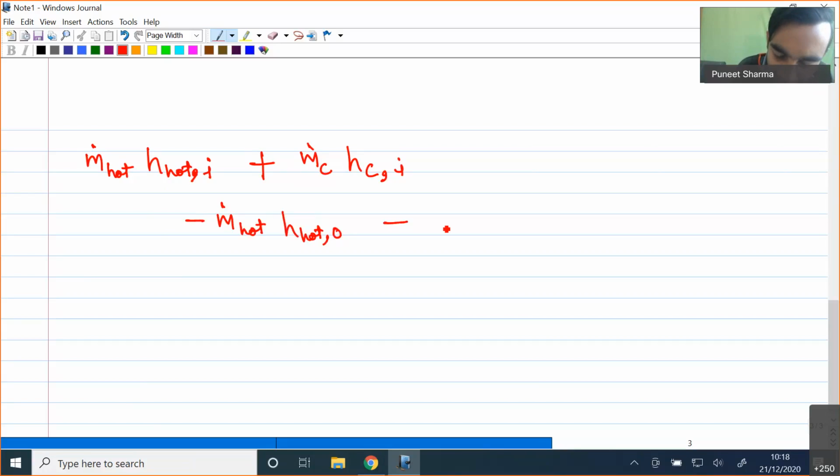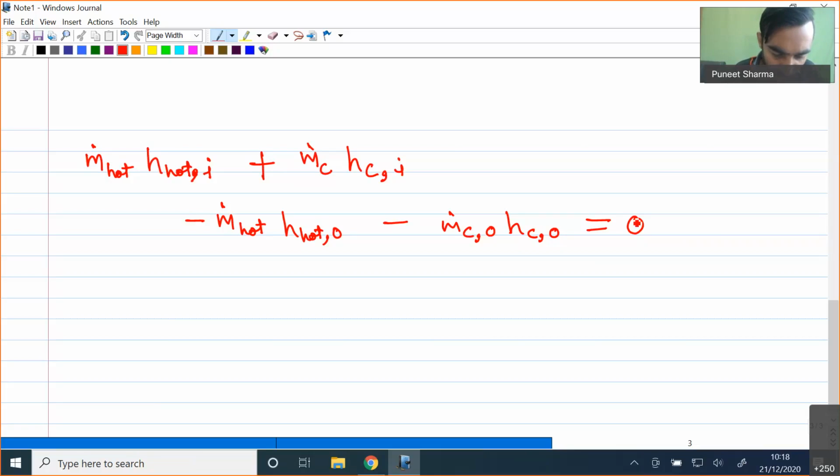Minus M dot C O into H C O, which will be my enthalpy of cold medium at the outlet, and this will be nothing but equal to 0.